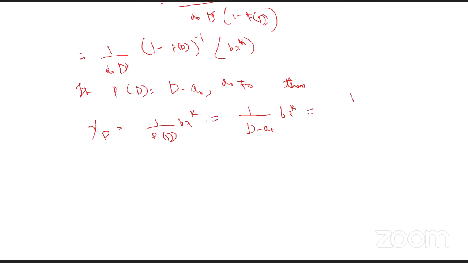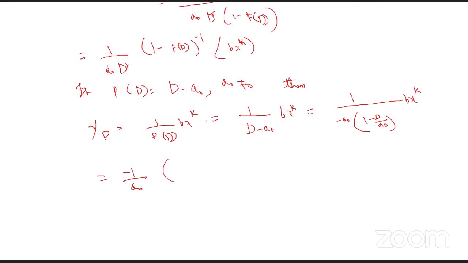That equals 1 by minus a naught. We are taking minus a naught common from this, which gives 1 minus D by a naught. b x power k is as it is, right? That equals minus 1 by a naught.